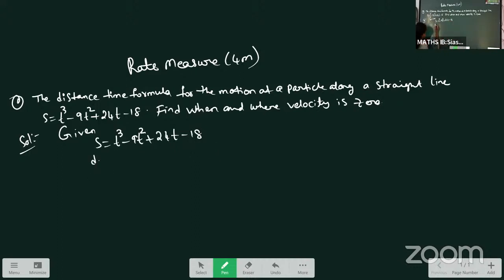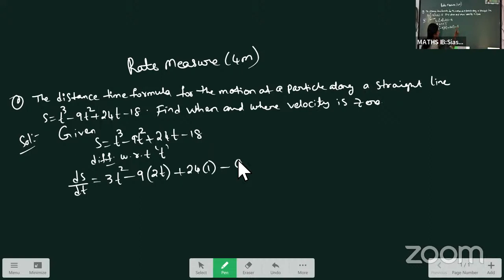Differentiating with respect to t, ds by dt is equals to t cube means 3t square, 9 as it is, t square means 2t, plus 24t derivative 1, and minus 18 is a constant, derivative is 0. ds by dt is denoted by velocity. Velocity is equals to ds by dt is equals to 3t square minus 18t plus 24.